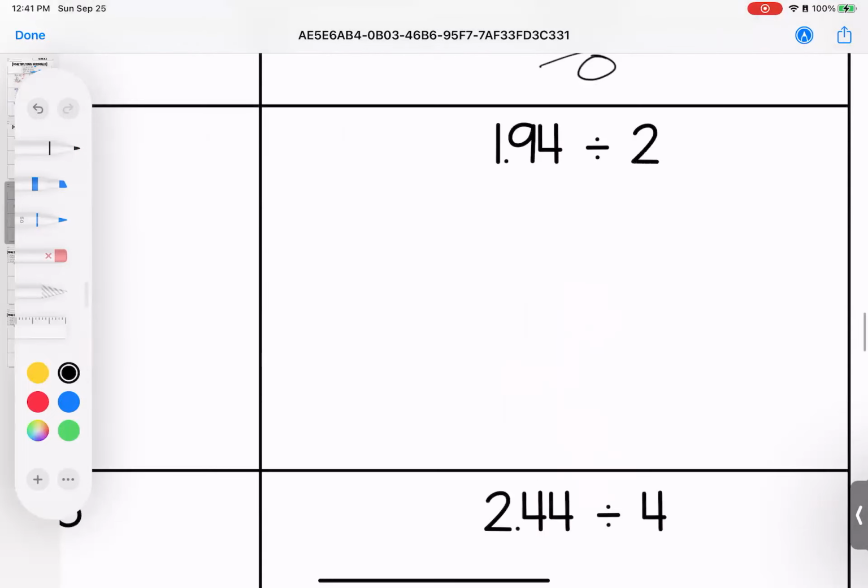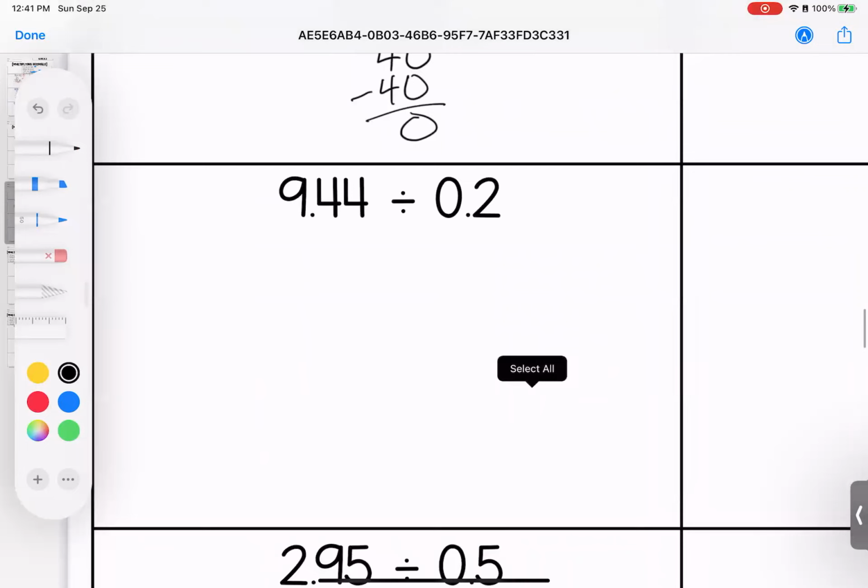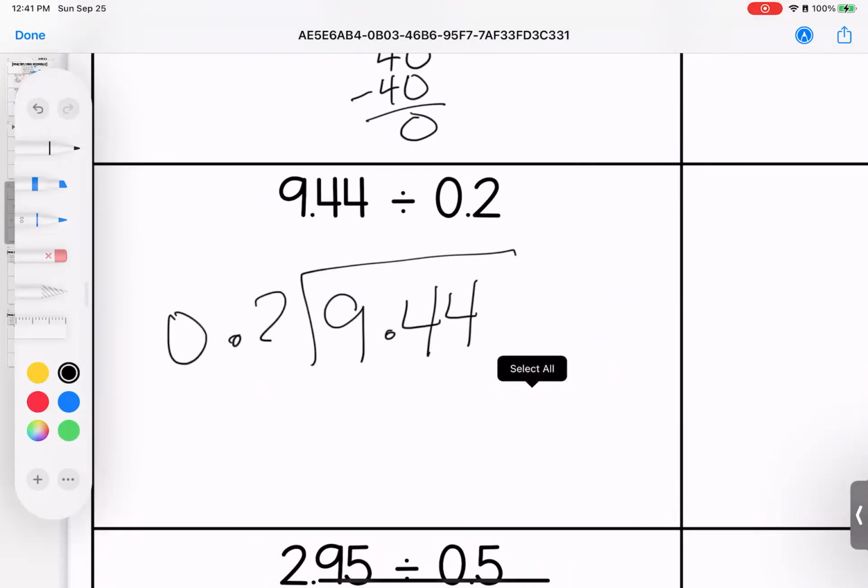Okay. Moving on. We have 9 and 44 hundredths divided by 2 tenths again. Moving the outside decimal to the end requires one move, so I do the same thing inside. Put the decimal straight up. If it helps you to erase these, you can, as long as we make sure we know where our decimal is.